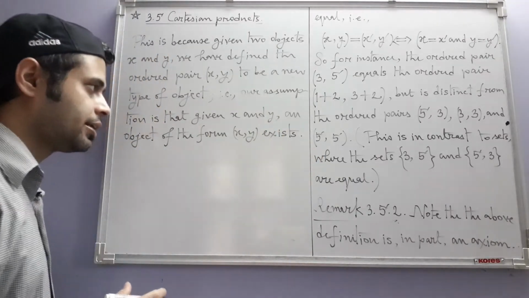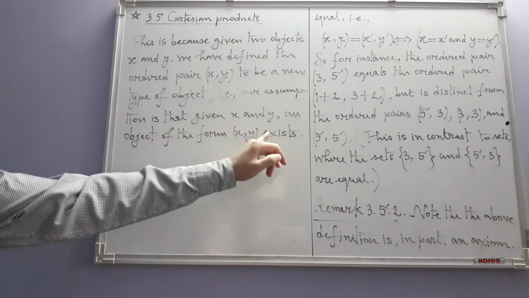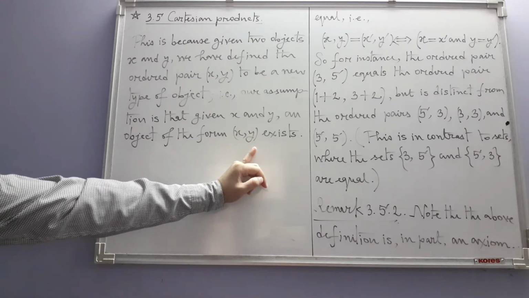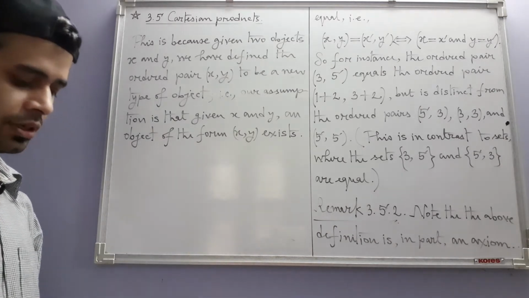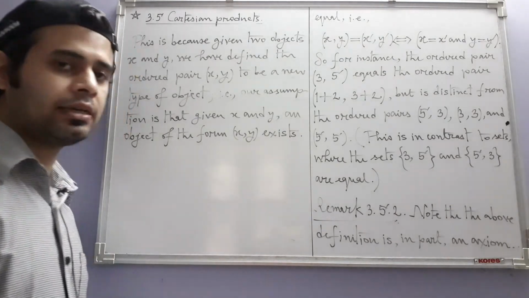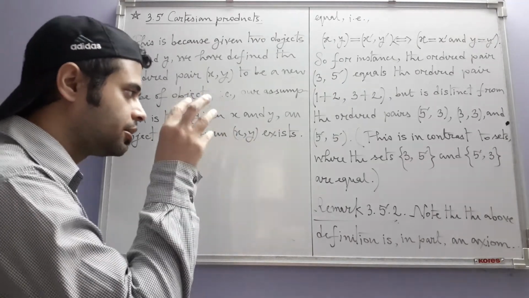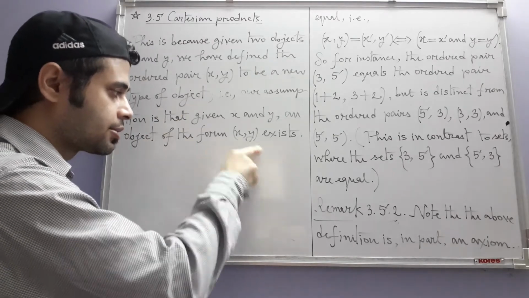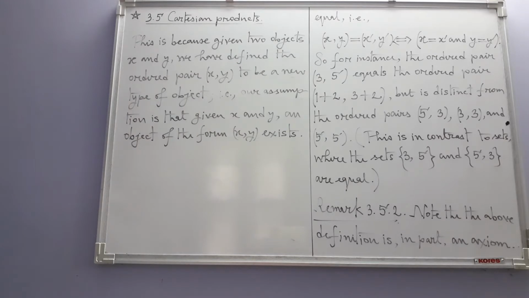It may seem like a stupid question to ask whether this ordered pair exists or not if x and y are given, but you have to understand that in the context of axiomatic set theory, existence is not merely existence. Existence means either you are introducing something new into the theory, or you are expressing that new thing in terms of the original axioms.